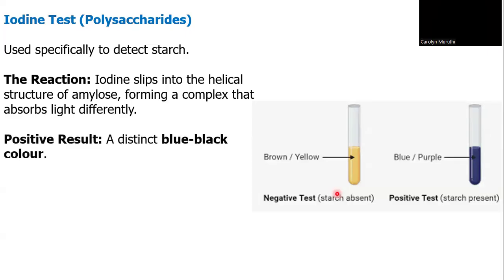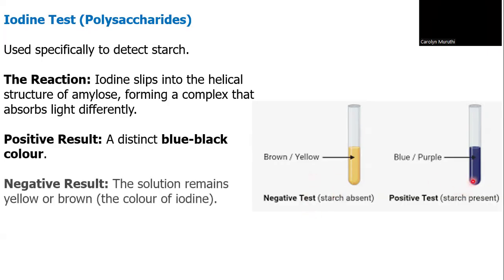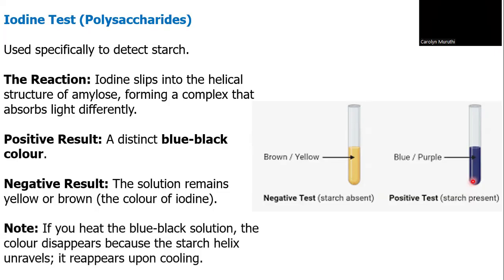In the presence of starch, it gives a positive result, indicated by a blue-black color, whereas for a negative result the solution remains yellow or brown, that is the color of iodine. But if you heat the blue-black solution, the color tends to disappear because the starch helix unravels, and then it reappears upon cooling.